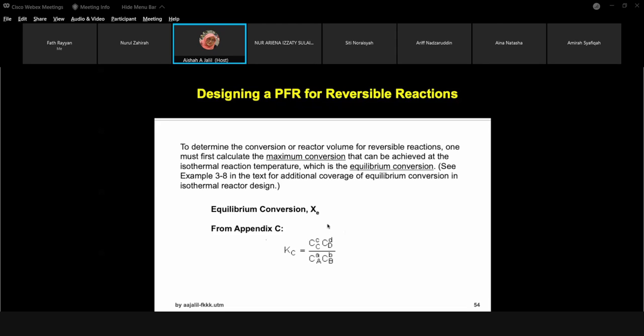Then, if A plus B to C plus D is a reversible reaction, you can write the rate law. What is the rate law? Actually, the rate law is negative rA equals k times the bracket: CA to the power of a, CB to the power of b, minus CC to the power of c, CD to the power of d over KC.